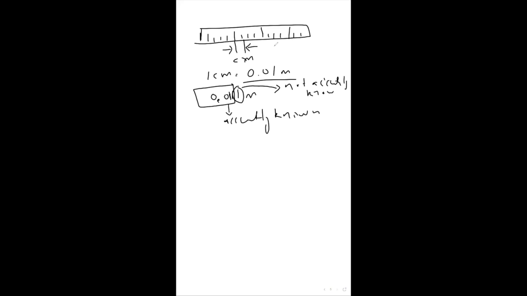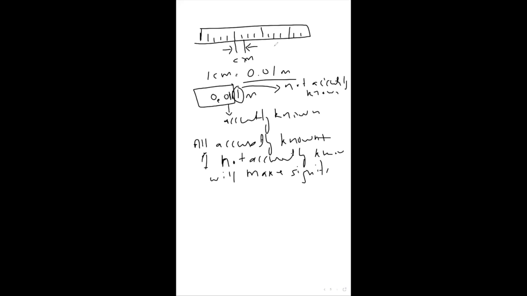If it is not accurately known, then this is the first digit which is not accurately known. So the combination of all accurately known digits plus one not accurately known digit will make a significant figure.